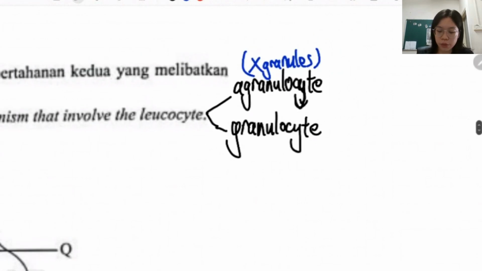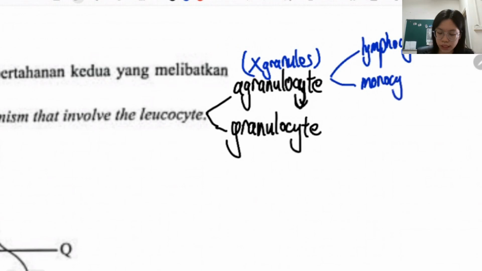And agranulocyte consists of lymphocyte and monocyte. Meanwhile, the granulocyte consists of NEB.